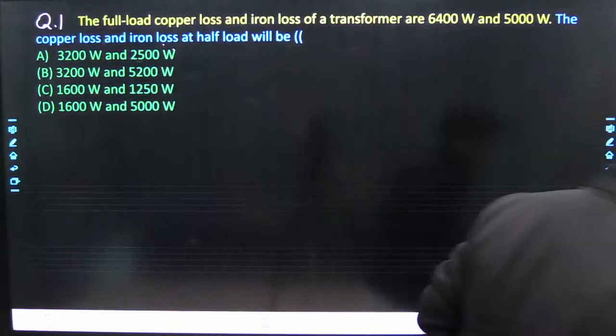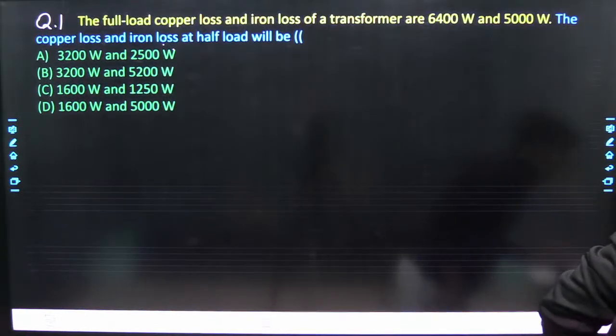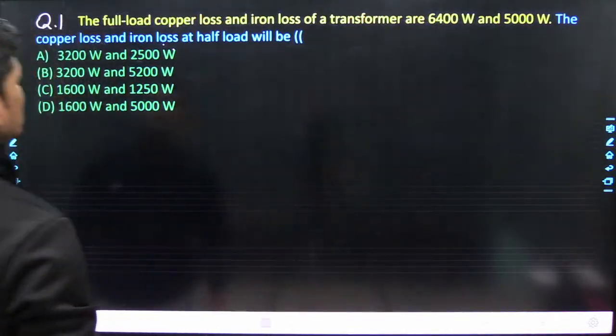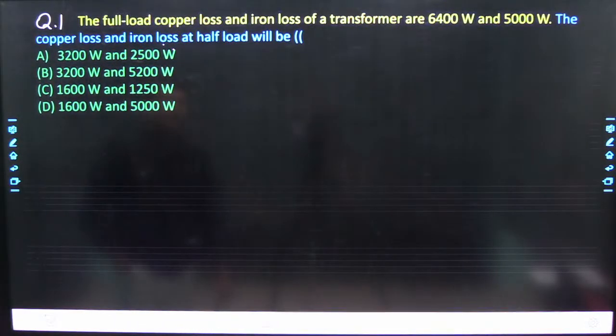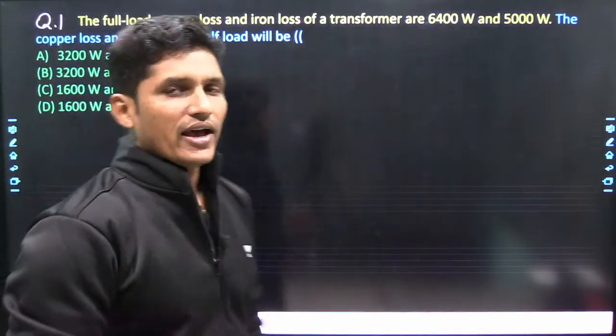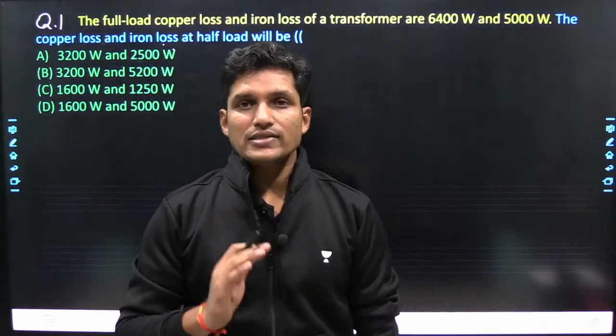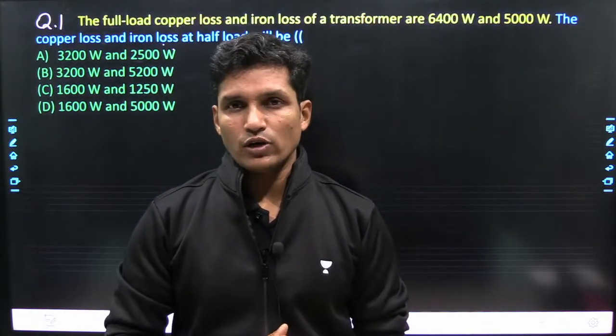So let us start. The full load copper losses is 6400 and 5000. Now they are asking about the copper loss and iron loss at the half load. As we know that the copper losses depend upon the load current, whereas iron loss is independent of the load current.